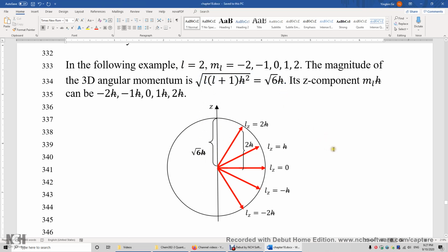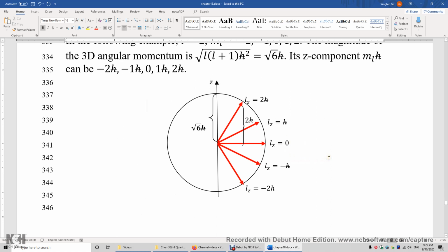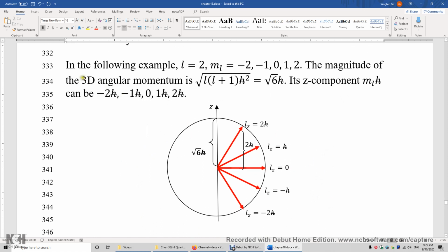Okay? Now let's look at the picture again. It's telling you the vectors of the three-dimensional angular momentum of a particle rotating on a sphere. This particle may rotate about the x, y, and z axis at the same time. Well, except in this case. In this case, the particle does not rotate about the z-axis.